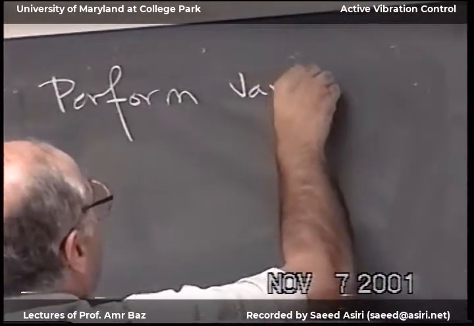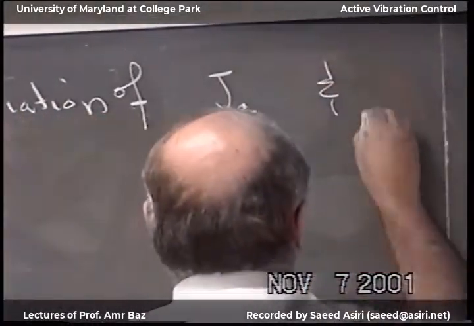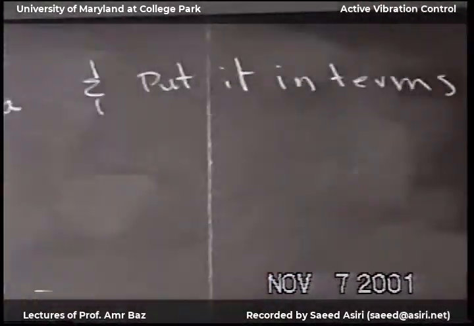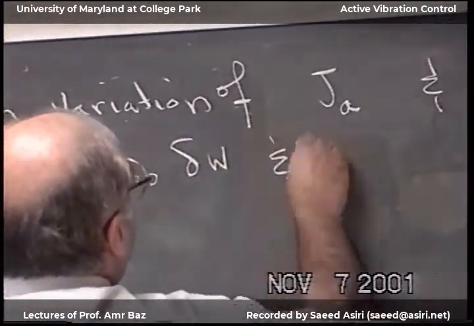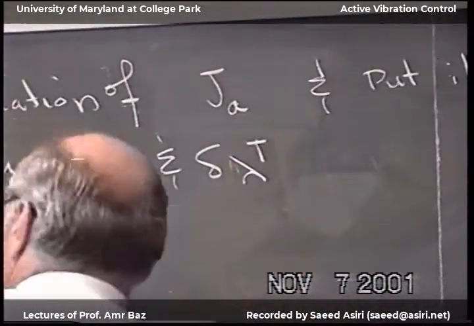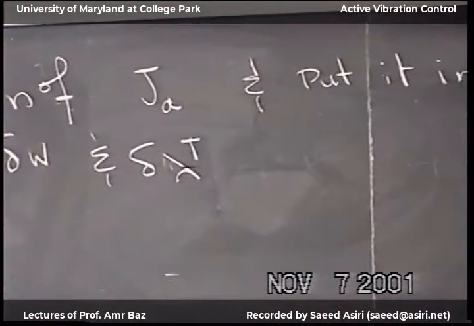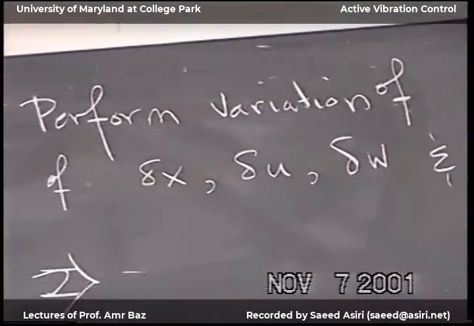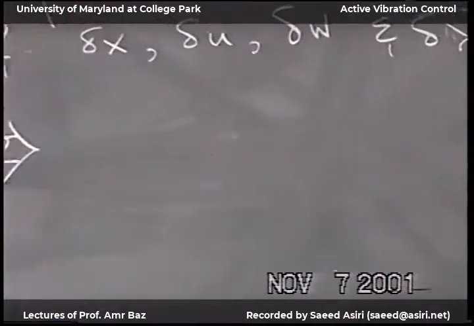And then perform the variation of JA and put it in terms of del X, del U, del W, and del lambda transpose. And the result was like this.